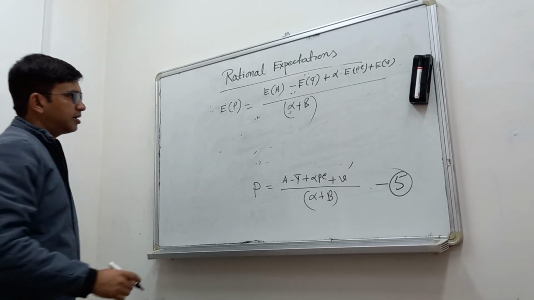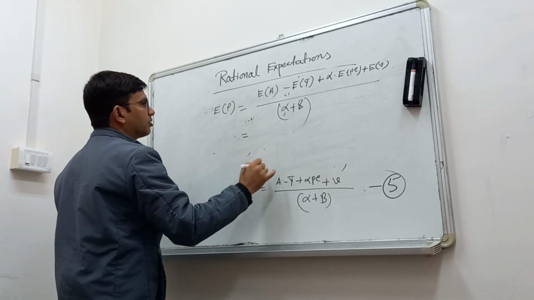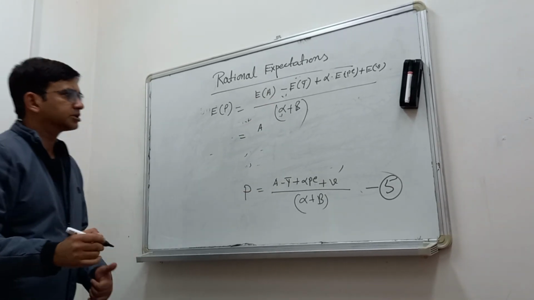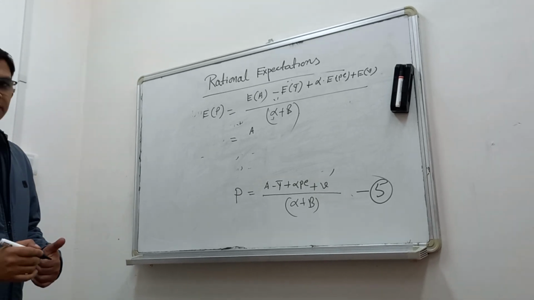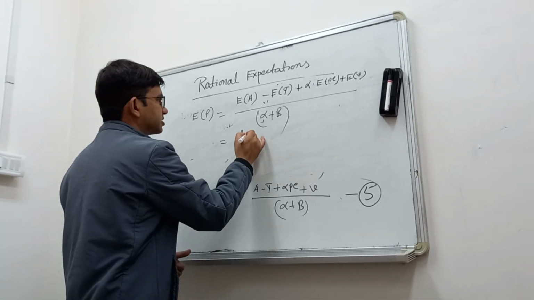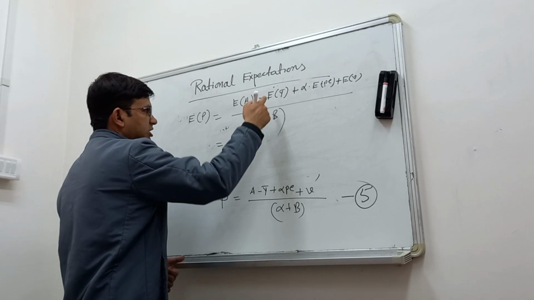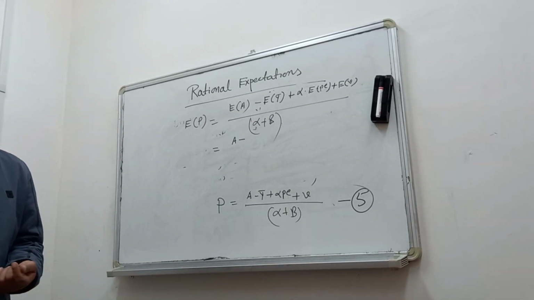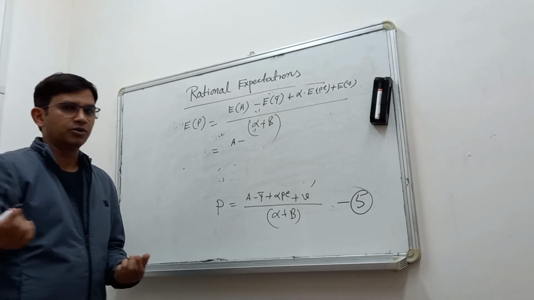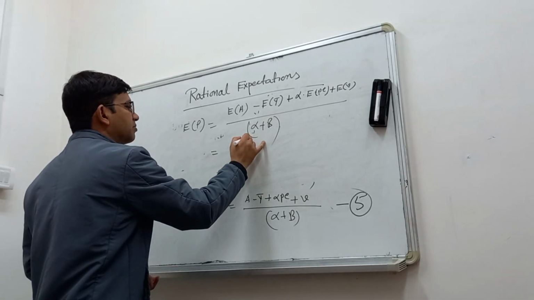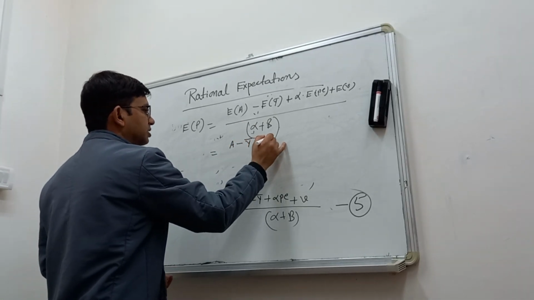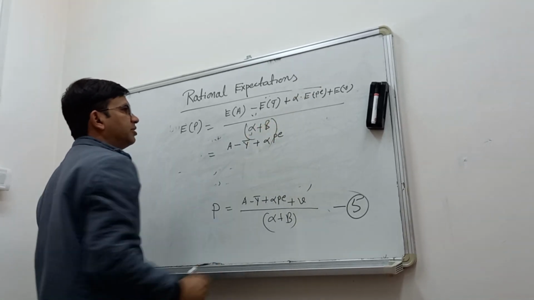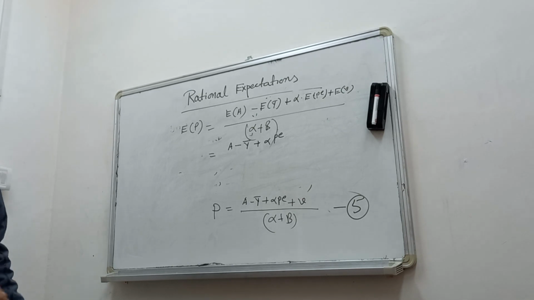So from here, EA will be exactly equal to A because A is constant. That indicates the demand side factors. So the expected value of the natural rate of output and the actual value are both equal. There will be no difference. So A minus y bar plus alpha into the expected value of the expected price will be the same.